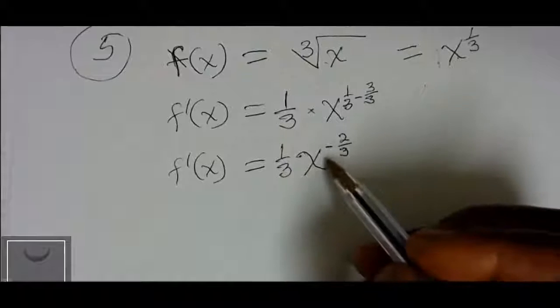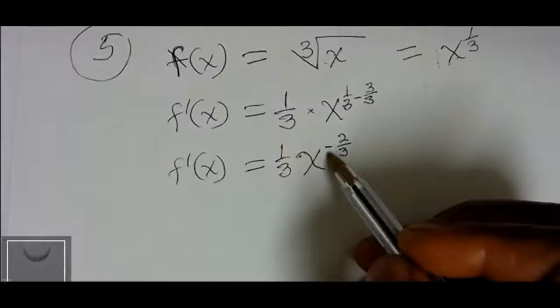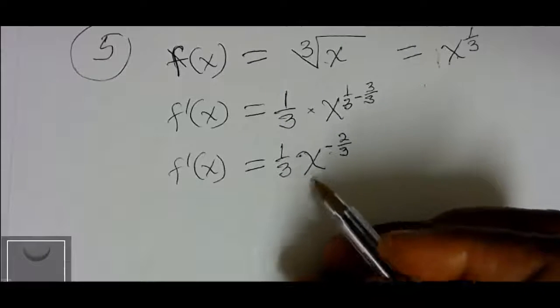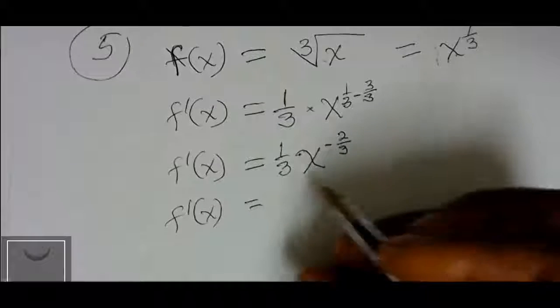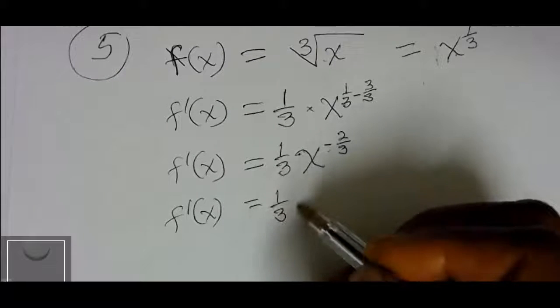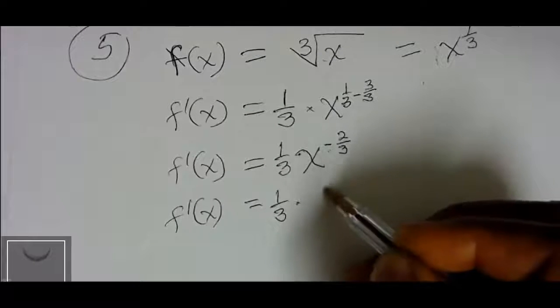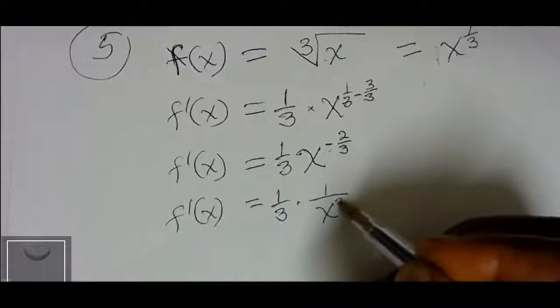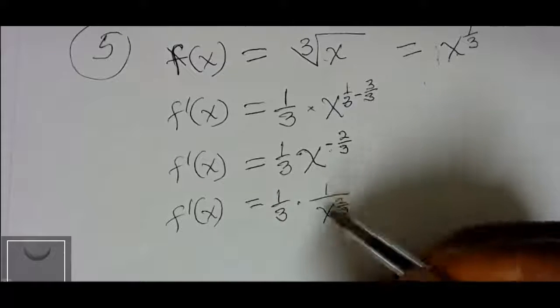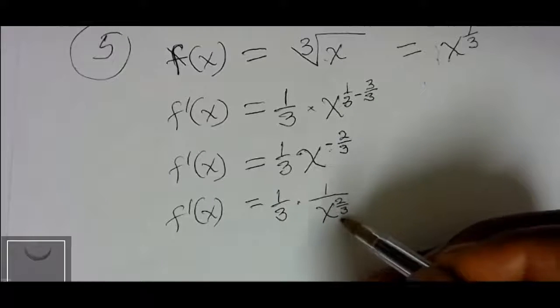Now we need to simplify the negative exponent by making it positive. Again, we put it under 1. So this is 1/3 times 1 over x to the power 2 over 3. Putting it under 1 removes the negative exponent.